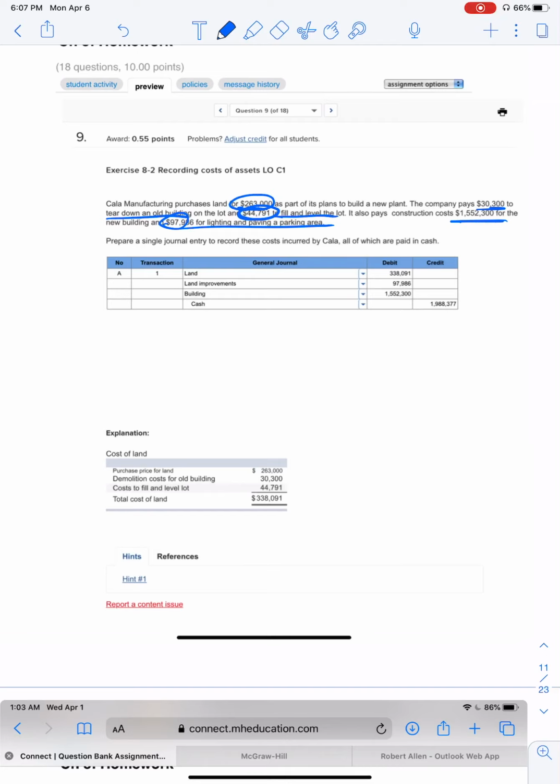So what you're going to have to do here is figure out the cost of the land, the cost of the land improvements, and the cost of the building. So we'll go through this and talk about where each one of these costs is going to land and how we're going to build up to these totals.